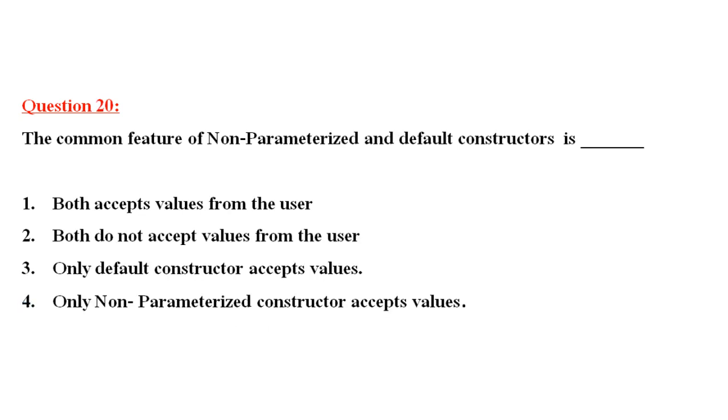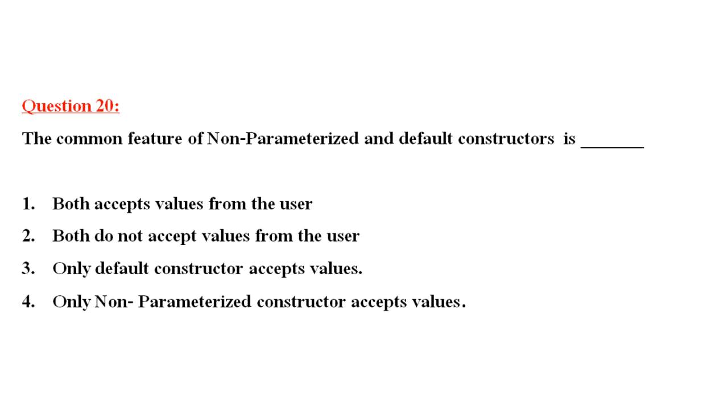Question number 20. The common feature of non-parameterized and default constructor is number 1, both accepts values from the user. Both do not accept values from the user. Only default constructor accept values. This is third choice.